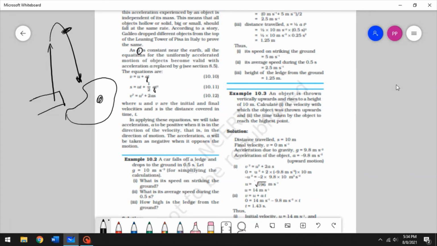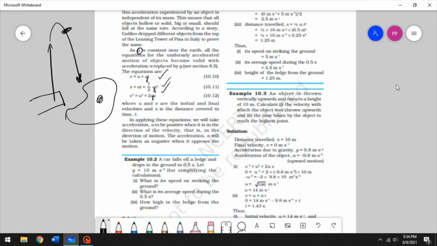So v is equal to u plus gt, s is equal to ut plus half gt squared, v squared is equal to u squared plus 2gs. These are the equations of motion for freely falling bodies, which are purely under the influence of gravity.